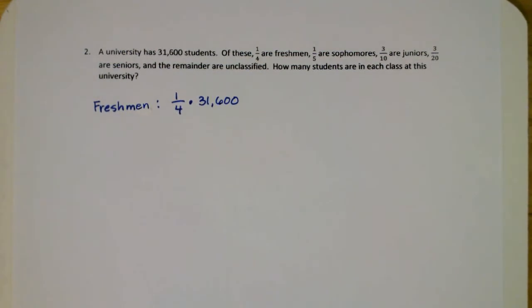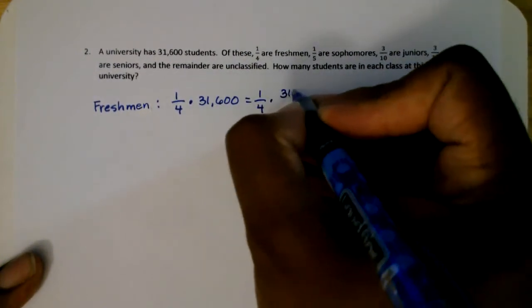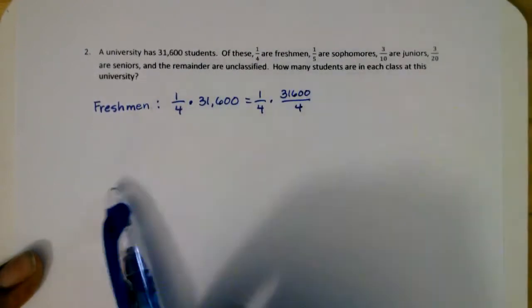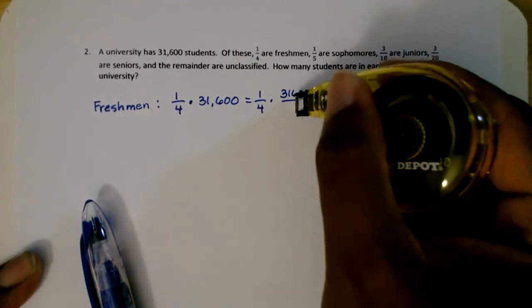Now, of course, we can put the 31,600 over 1 and then multiply numerator times numerator and denominator times denominator. Oops, 31,600 over 1, not over 4.